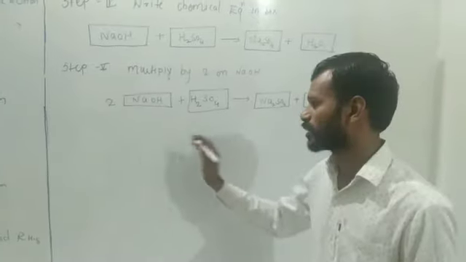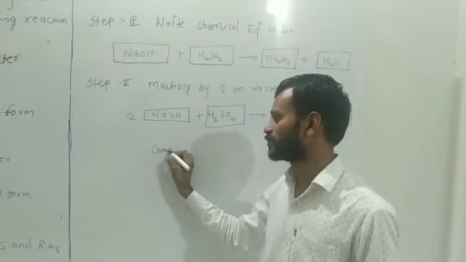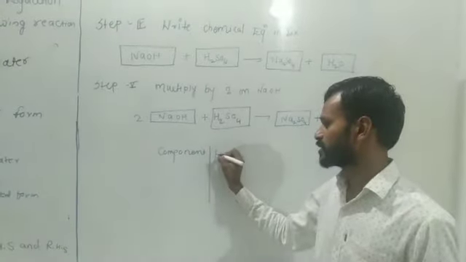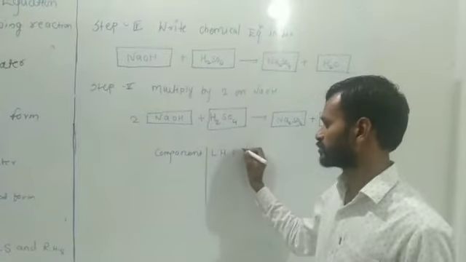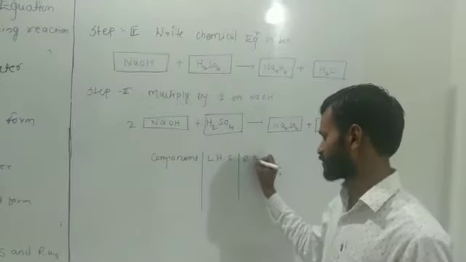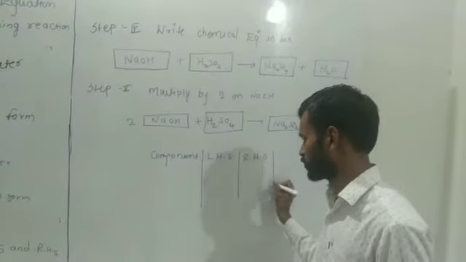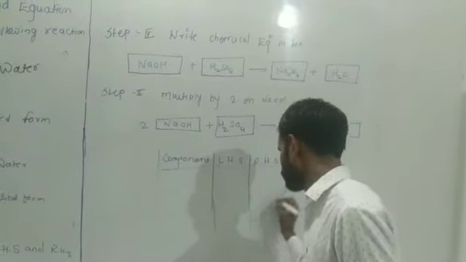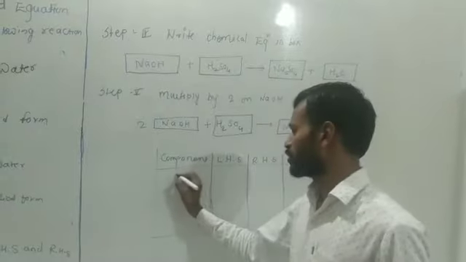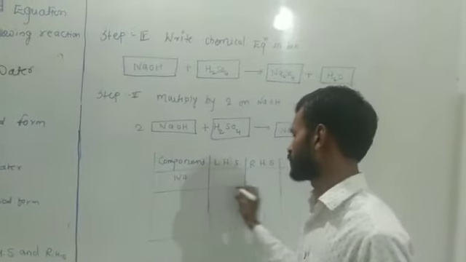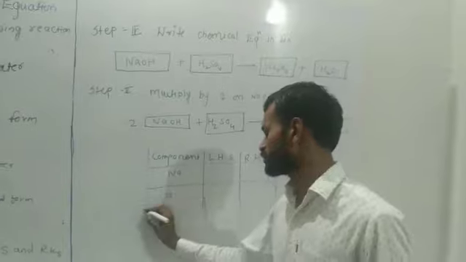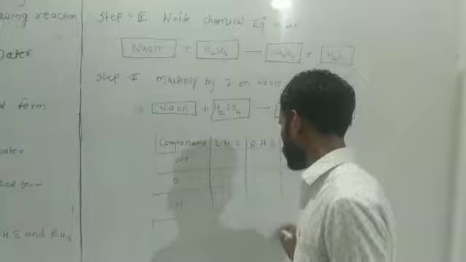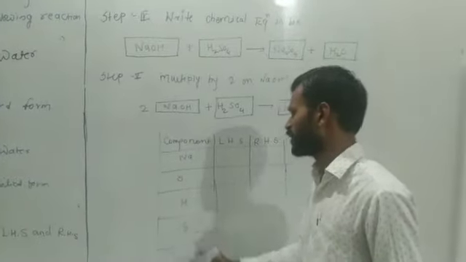Now we will check it. Components on the LHS and RHS: the first is sodium, second is oxygen, third is hydrogen, fourth is sulfur.